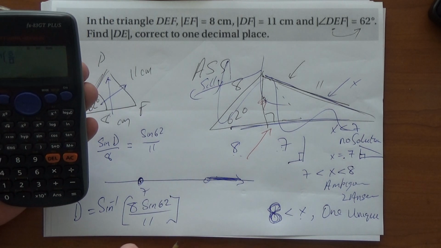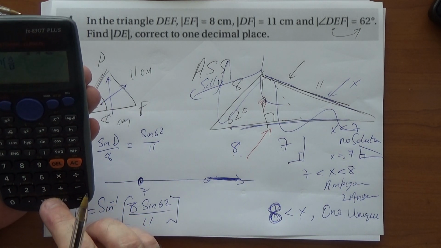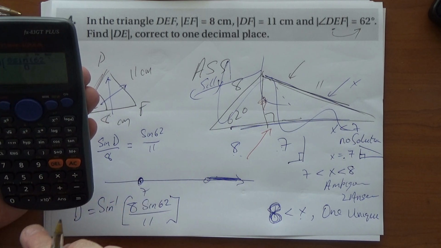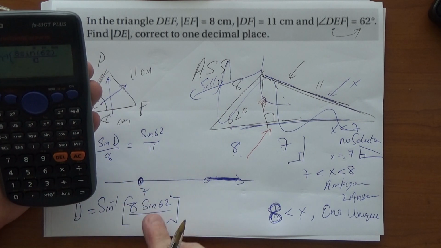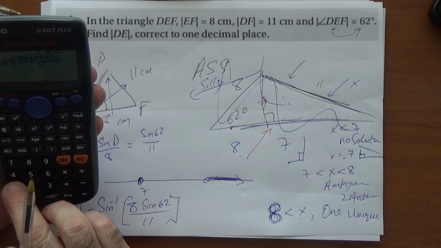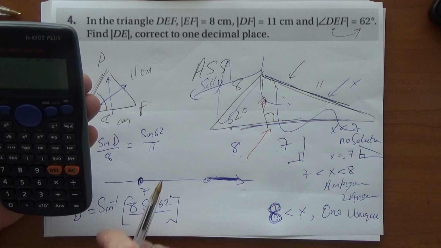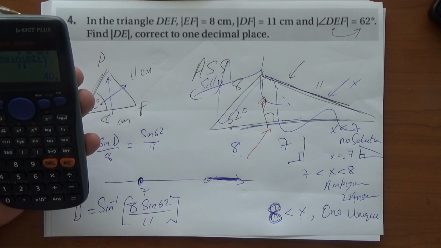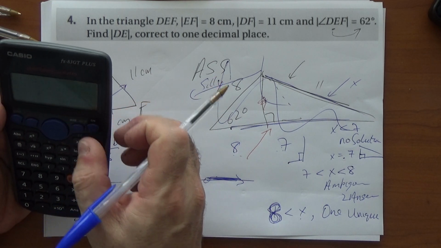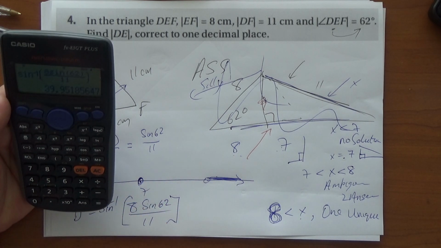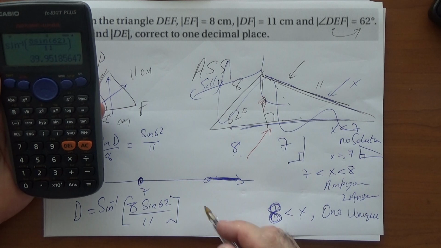Everything is fine. 8 sine 62 over 11. Okay, that's 40 odd degrees. Let's knock that off there, go back to normal mode. 39.95 degrees.